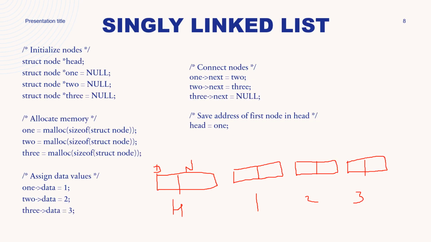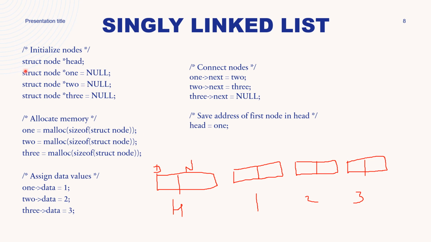Now this is an algorithm for the singly linked list in the C language. As I told you, the node representation contains two fields, data and the next field. Because of that struct node, it creates such kind of node, having a data field and a next field.